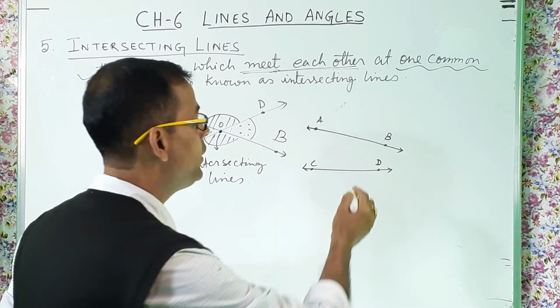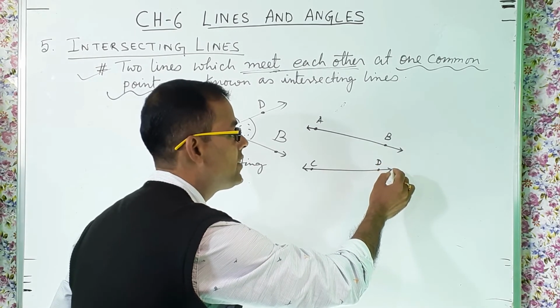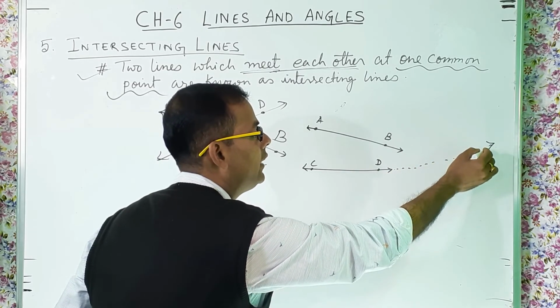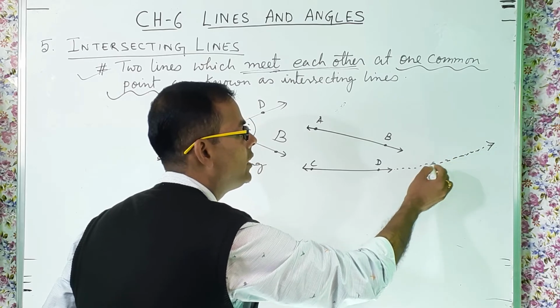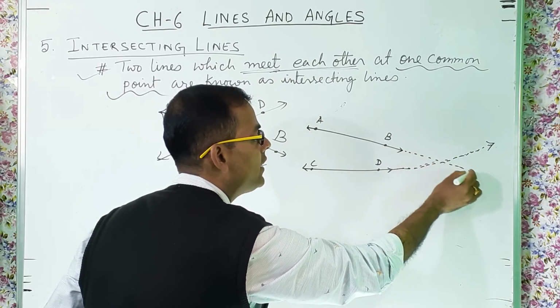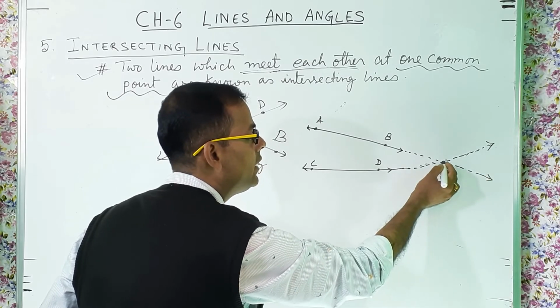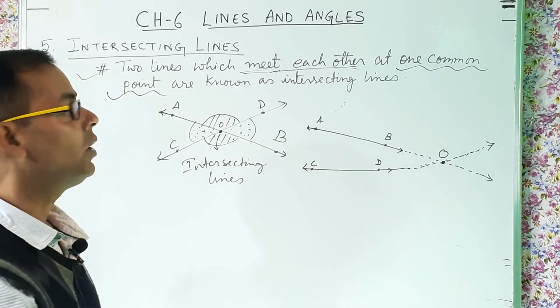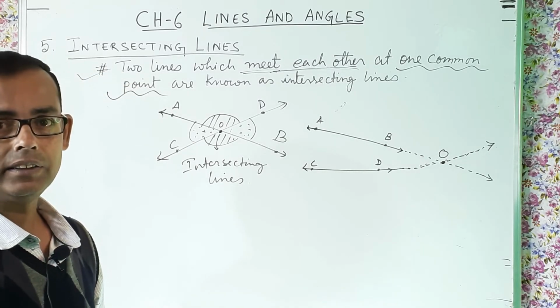But if we extend, I told you we can extend this one. If I extend this one like this, and this line is extended too, then it is meeting at this point. So now it becomes intersecting lines. Clear or no?